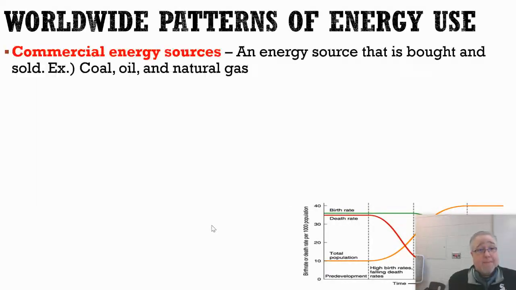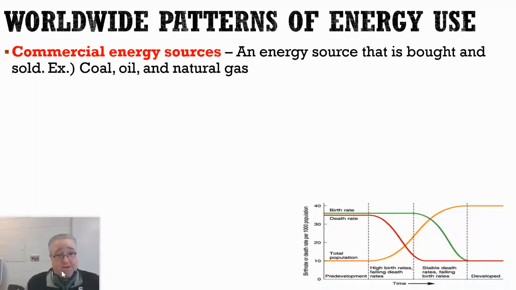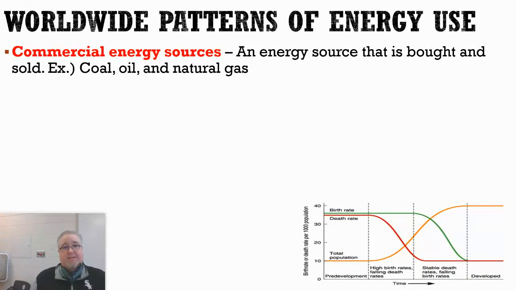All right, now globally, we're going to look today at some different slides to see how energy is used around the world. There's a term here called commercial energy source. A commercial energy source is basically anything that can be bought and sold. For example, coal and oil and natural gas: we mine for these things.